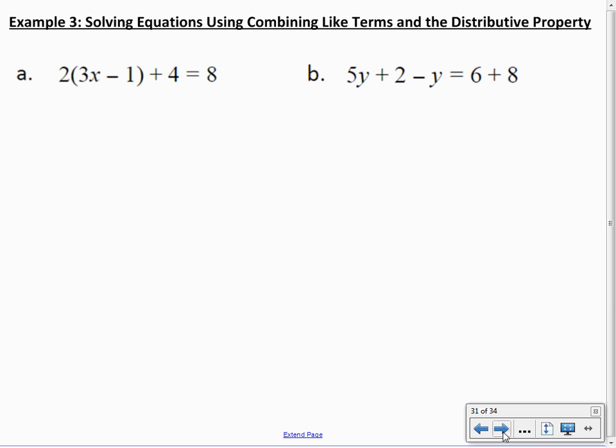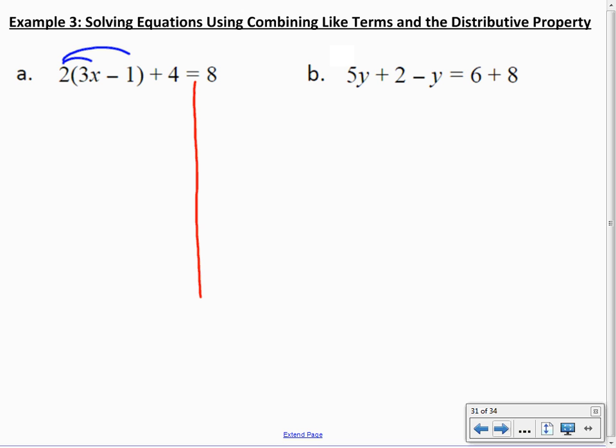Now, let's use distributing and combining like terms within some equations. For example A, what I want you to get in the habit of is any single time that you see parentheses in an equation, the first thing you do, I want you to draw those arrows in.